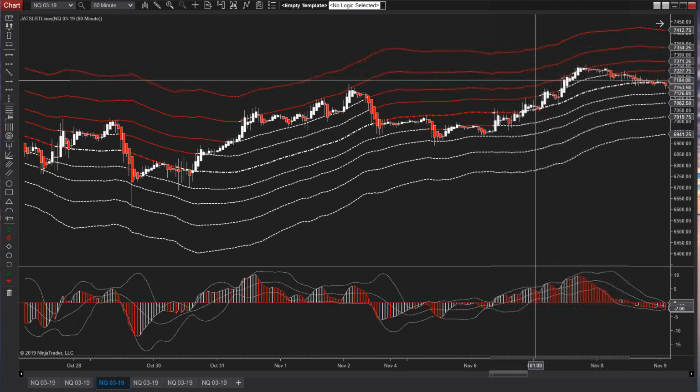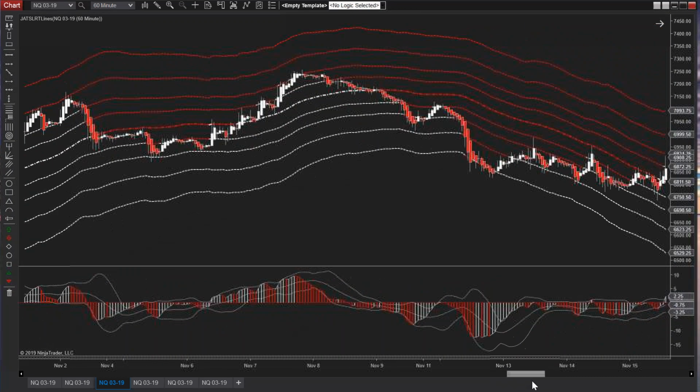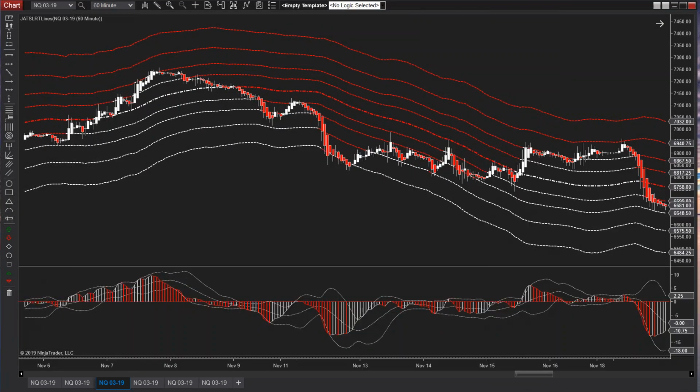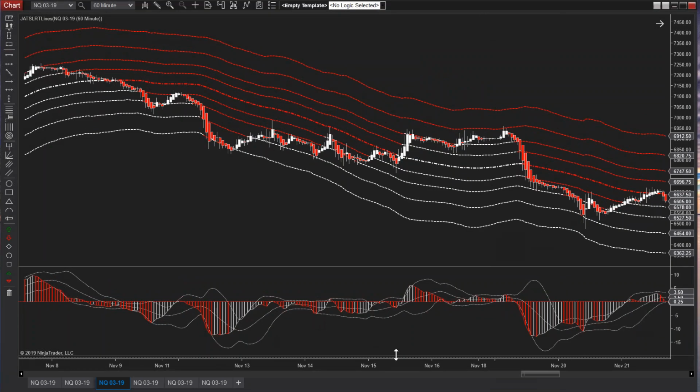And then where does it go? We come back to these prior levels again. But yes, you're trading volatility level to volatility level. It's like lather, rinse, repeat.